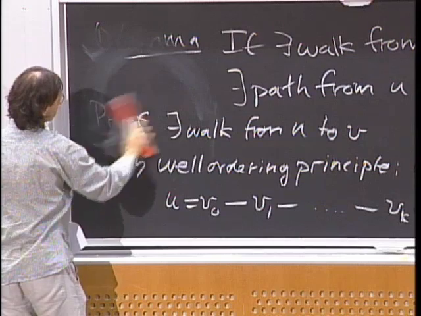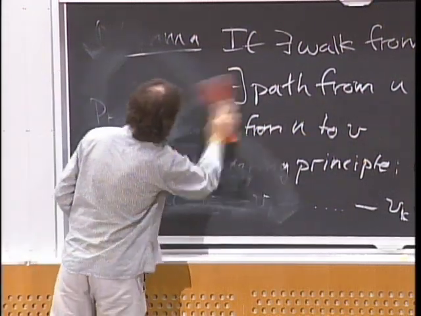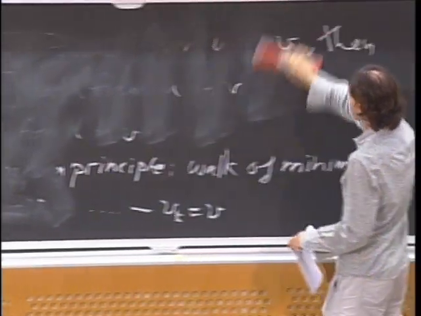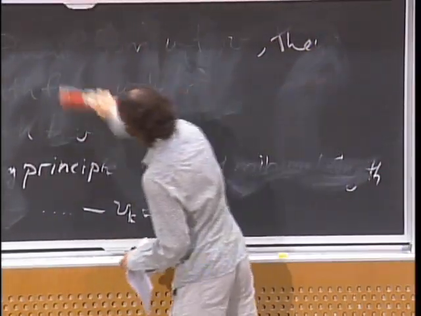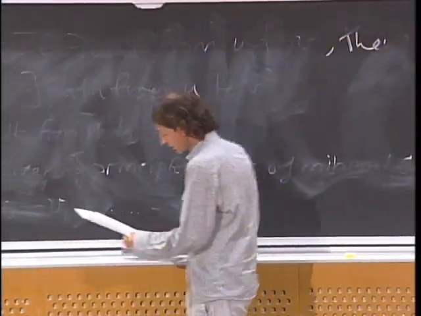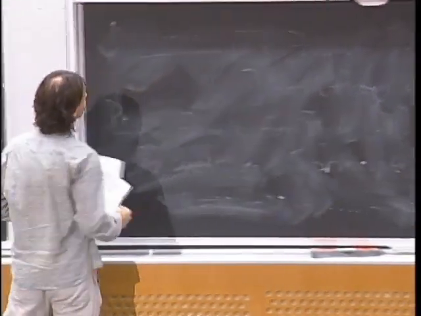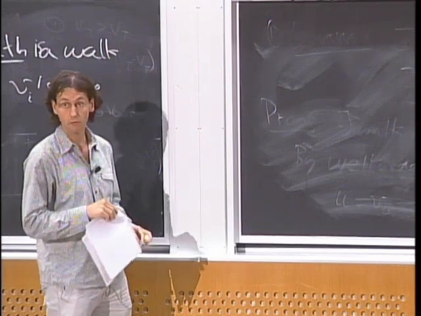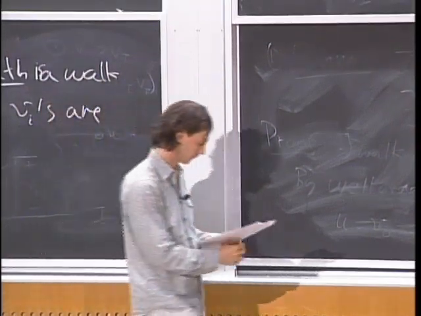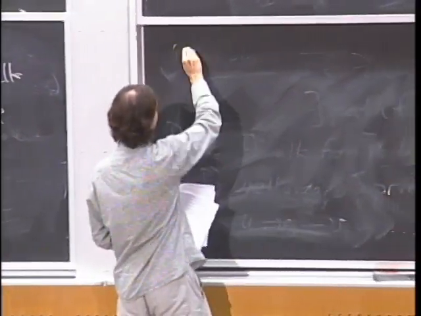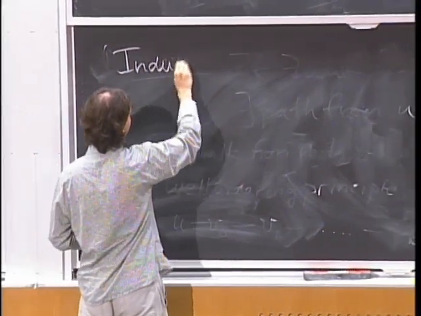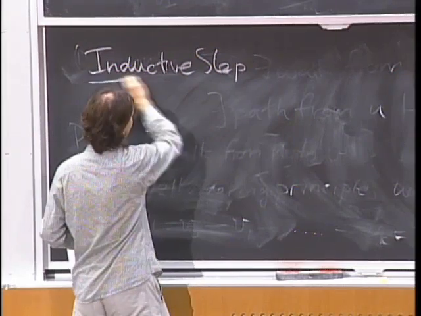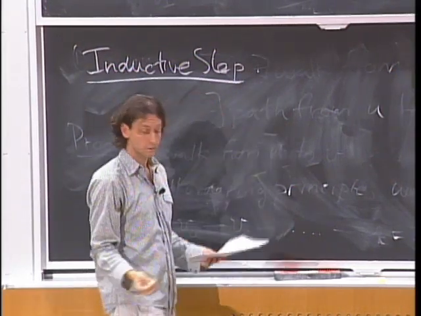So to do the inductive step, we're going to always assume Pn. And then we want to prove Pn plus 1. So let's do this. So we have the inductive step. And we always start out the same way.